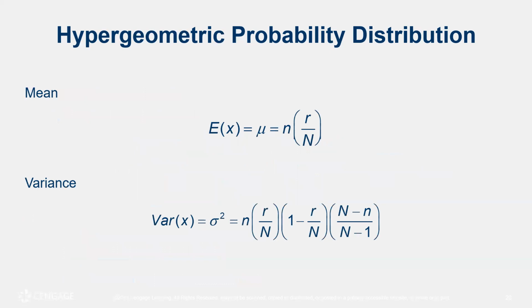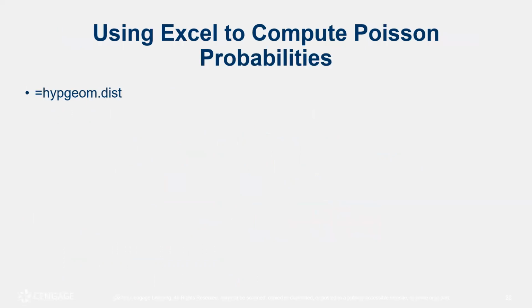Okay. There's our mean, which is just n times r over N. Our variance, which is a little bit beefier: n times r over N times 1 minus r over N times big N minus little n over N minus 1. Again, that looks like a lot, but it'd be pretty easy to create a little calculator in Excel. And then we use Excel.